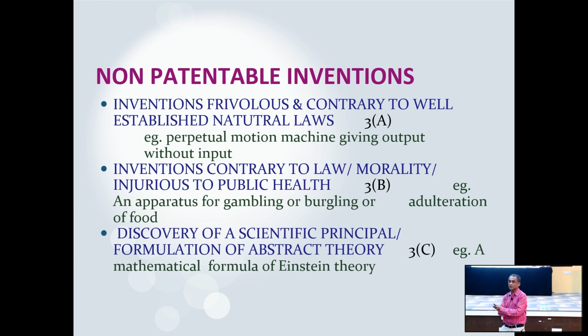Well-established natural laws, that's what I said, such as the second law of thermodynamics. Someone says Newton's law is wrong and makes some invention, saying our machine gives 45% output. If you say the machine is giving 80% output, then he has done some value change, something like that.